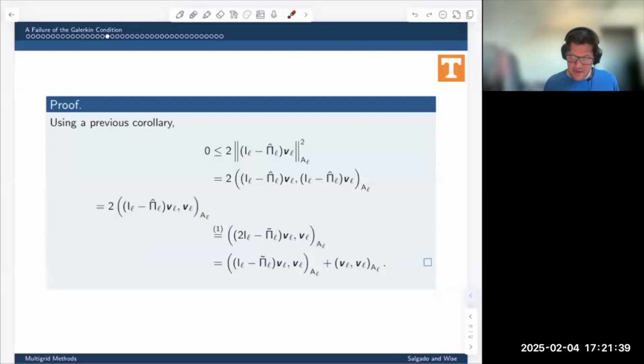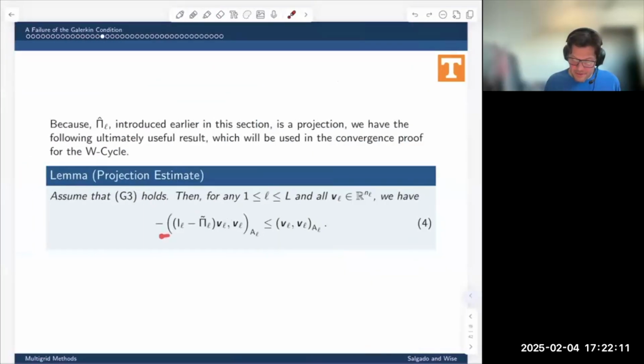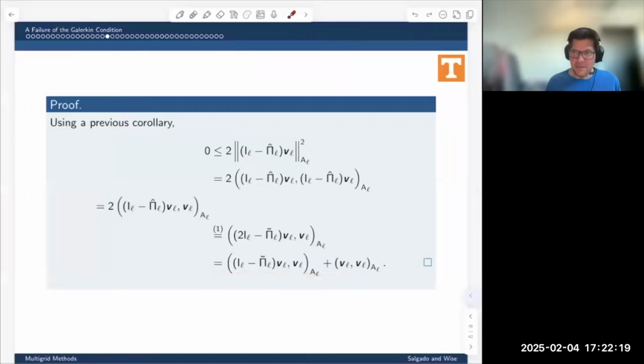Now I can break this up into IL and IL, so this whole sum is IL minus pi L tilde plus IL, and then use the linearity of the AL inner product to break this into the sum of these two objects. Now I take this object, and since zero is on the left-hand side, I move it over to the left-hand side by subtracting it off, and I ultimately just get this. After I move it over from the right-hand side, it attains this minus sign. And so QED, done.